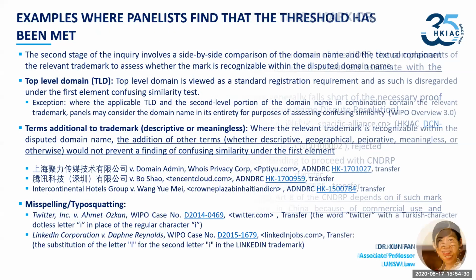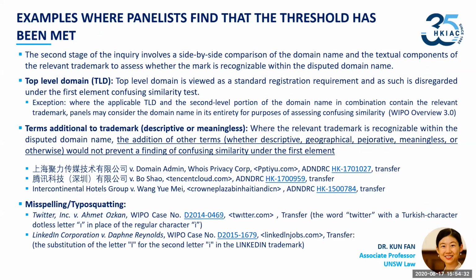So in this slide, I give some examples where the panel has found the threshold been met. And generally, the top level domain, be it the traditional GTLDs or CCTLDs or those new GTLDs like .brand, .club, is generally disregarded under the first element confusing similarity test. Although exceptionally, where the applicable TLD and the second level portion of the domain name in combination contain the relevant trademark, panels may consider the domain name in its entirety for the purpose of the confusing similarity test.